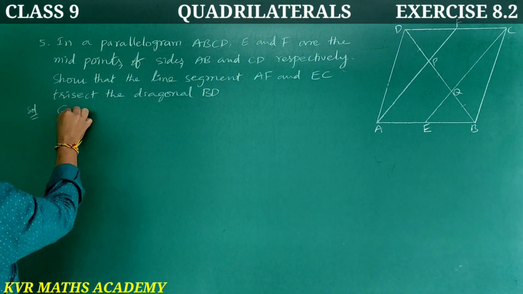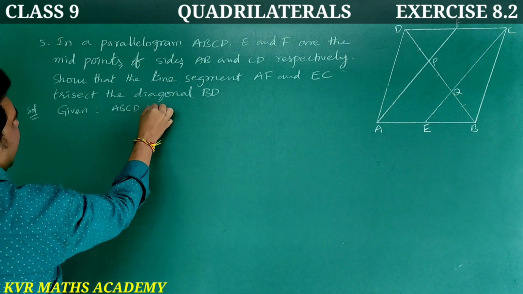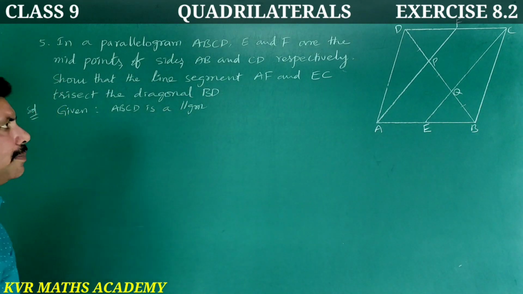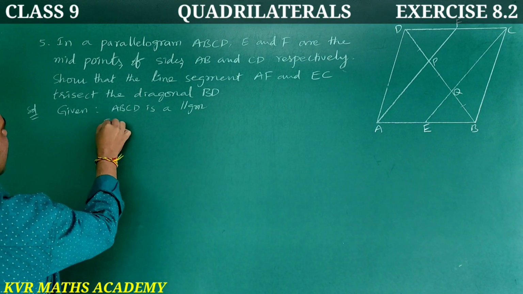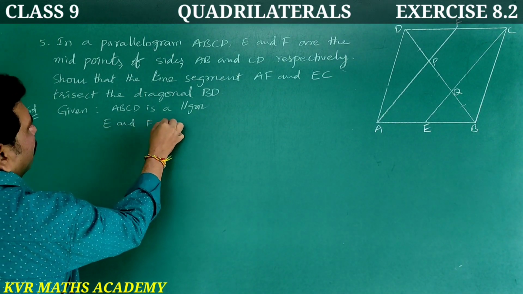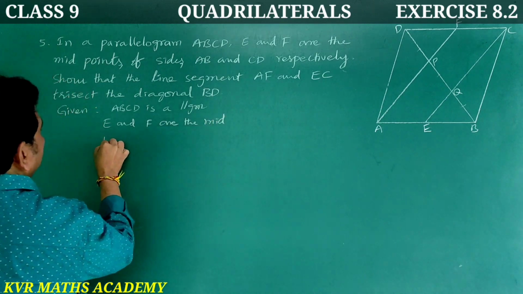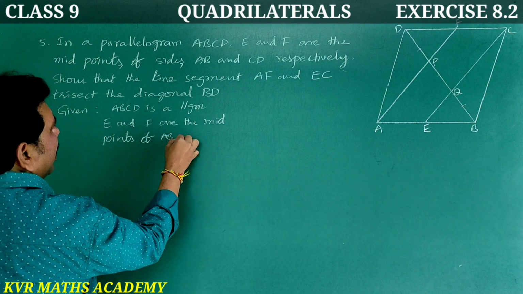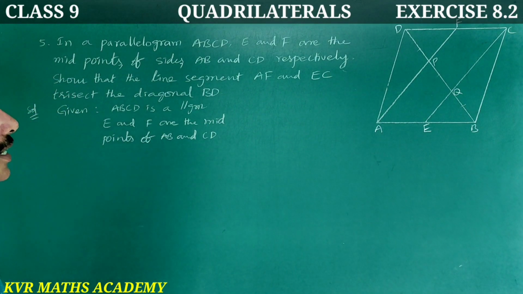Solution. What is given? ABCD is a parallelogram. E and F are the midpoints of AB and CD. BD is the diagonal, right?